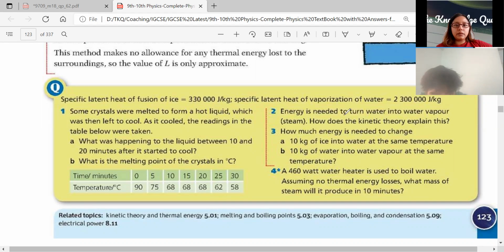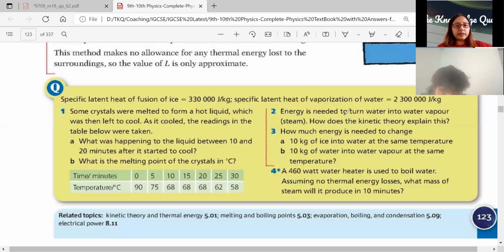Can you answer this? You're on mute. I'm just looking at the table. Okay, so 10 to 20 minutes, the temperature stayed constant because it was, I guess, changing state or phase. Okay. So it's changing phase.